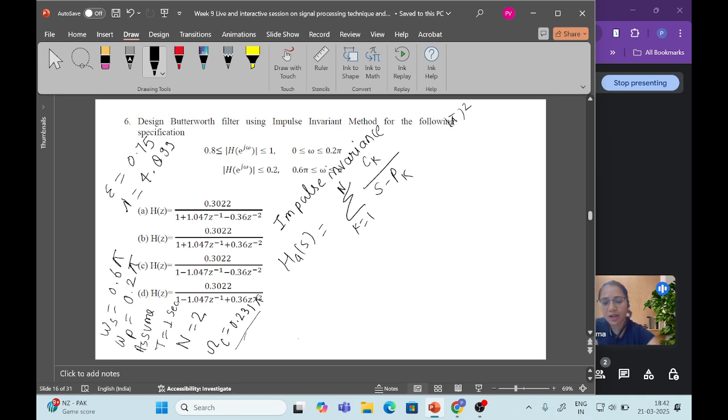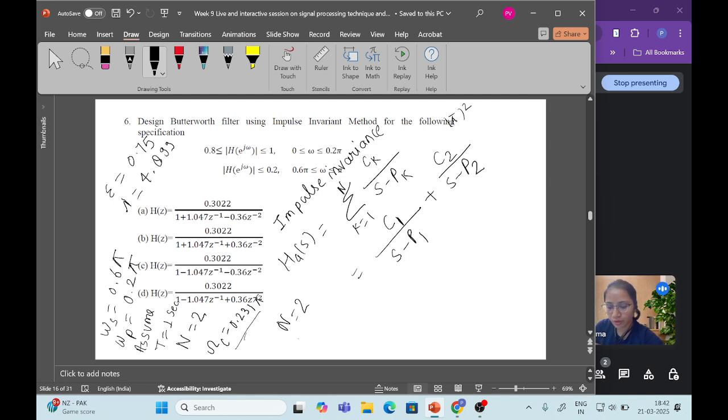So we have to put it in that form. Here N is equal to 2 and we have 2 poles, so it is C1 divided by s minus p1 plus C2 divided by s minus p2. From here A is equal to C1 and B is equal to C2, with those poles.